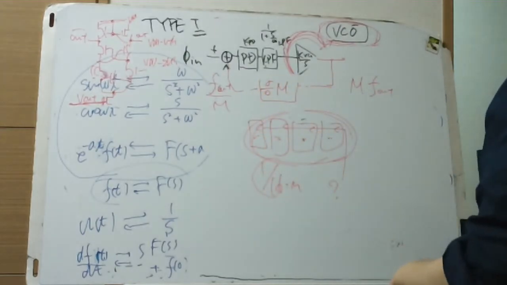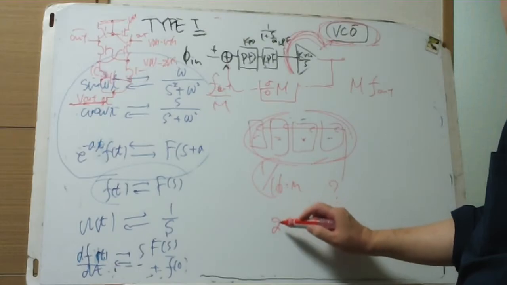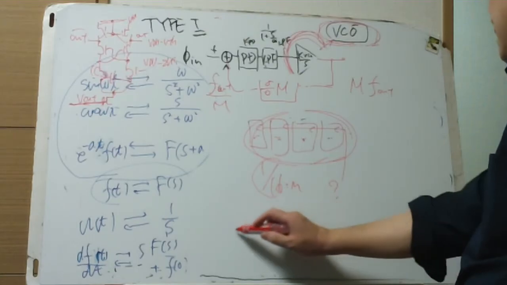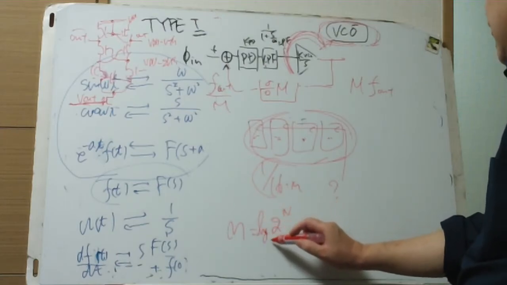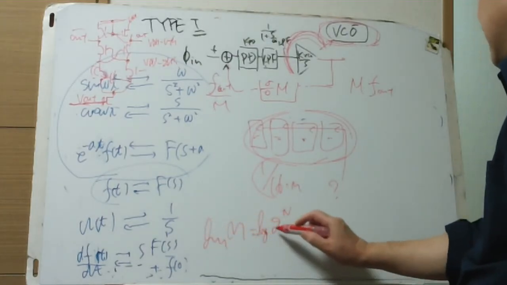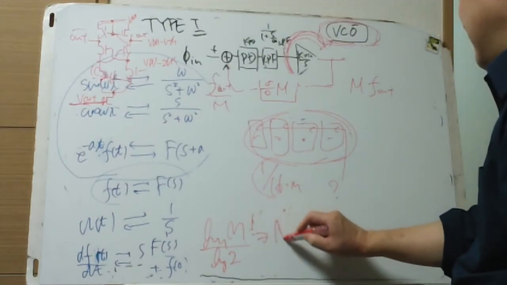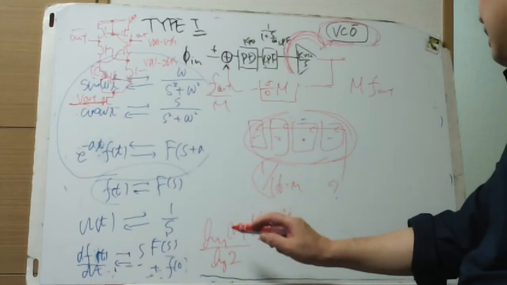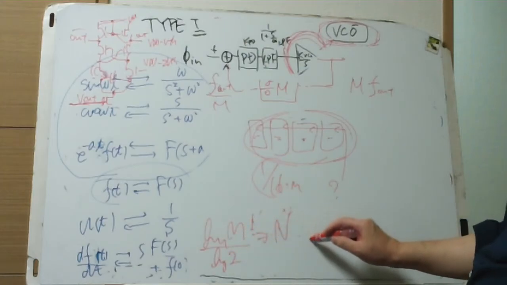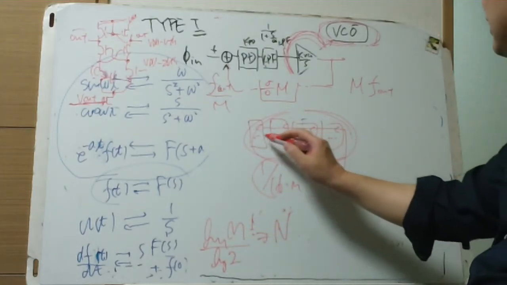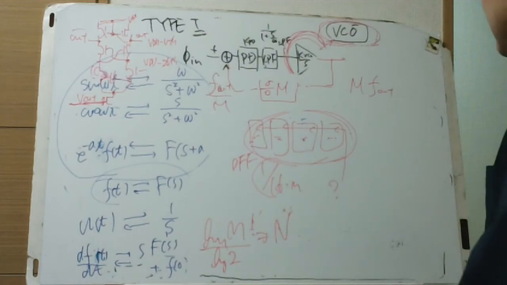Maybe log of M divided by log of 2 equals N, the logarithm of M divided by the logarithm of 2 gives the series of DFFs needed, maybe clocked by itself.